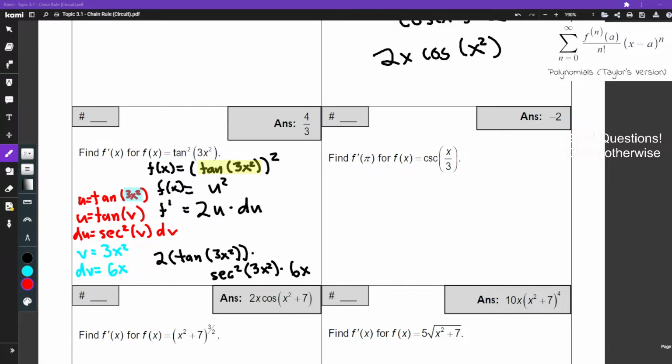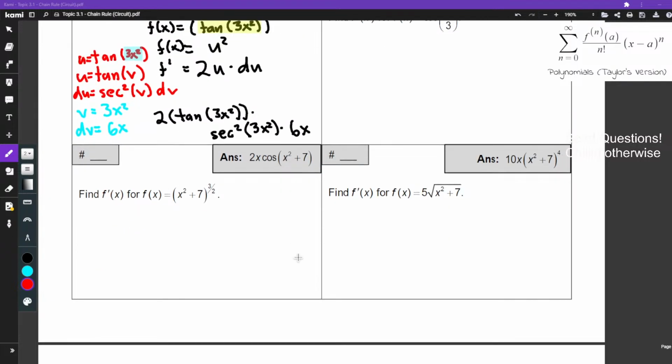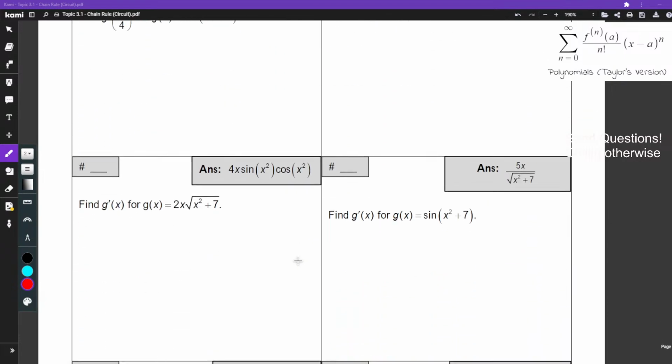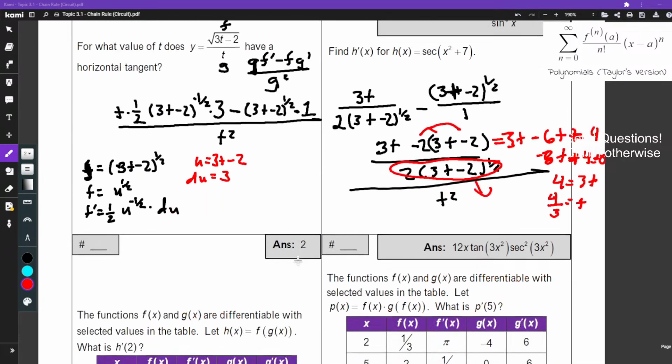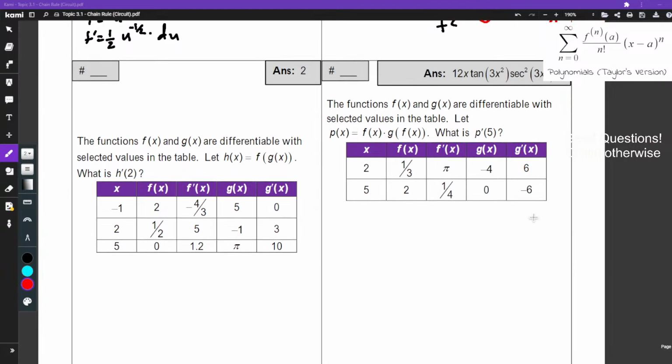And then from 18, we got 12x tangent x cubed secant squared 3x cubed. So I'm looking for 12, which gives us 19.